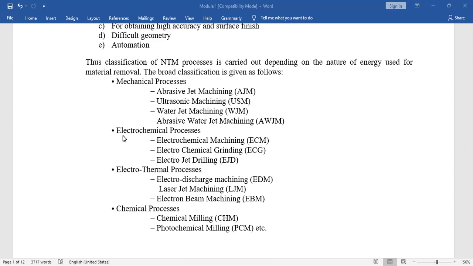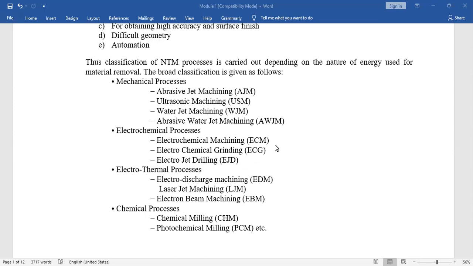It is subclassified as electrochemical machining, short form ECM. Second is electrochemical grinding, short form ECG. Next is electrojet drilling, short form EJD.